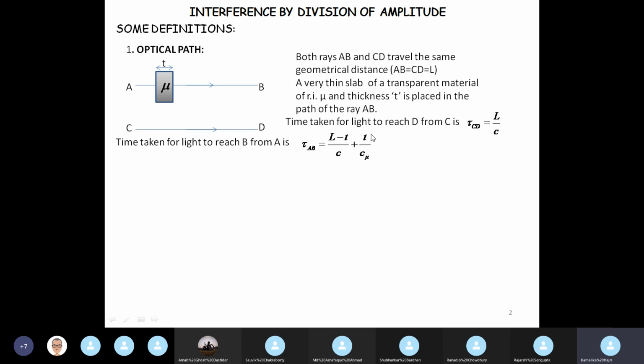Just remember that here the Roman alphabet T is used to denote thickness, whereas the Greek alphabet tau is used to denote the time. Please don't get confused.